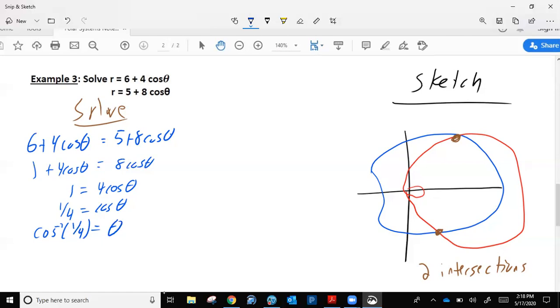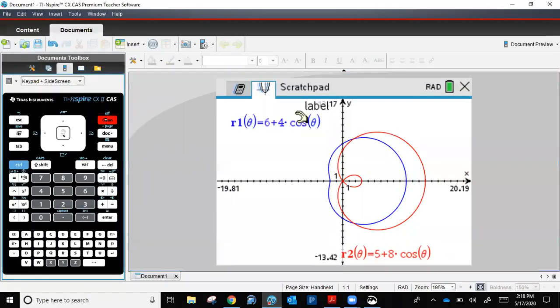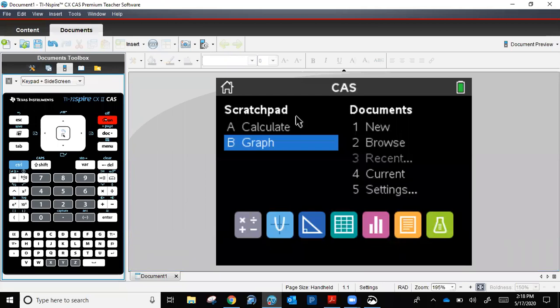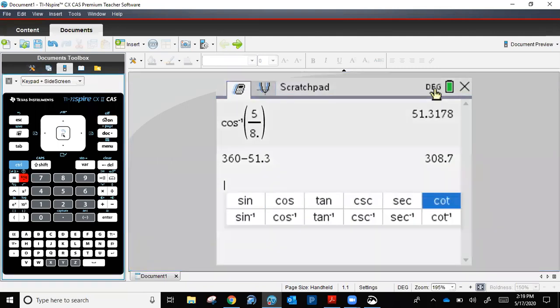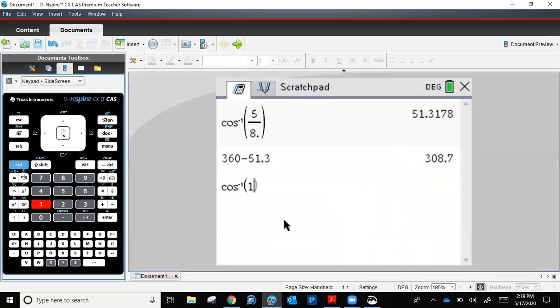With the calculator, I'm going to put this back in degree mode, and I'm doing the inverse cosine of 1/4, and we get 75.5-ish degrees.